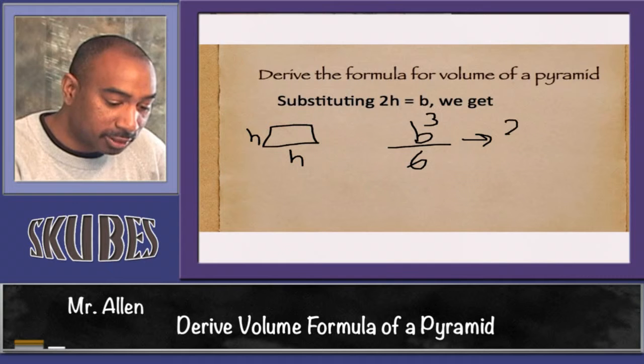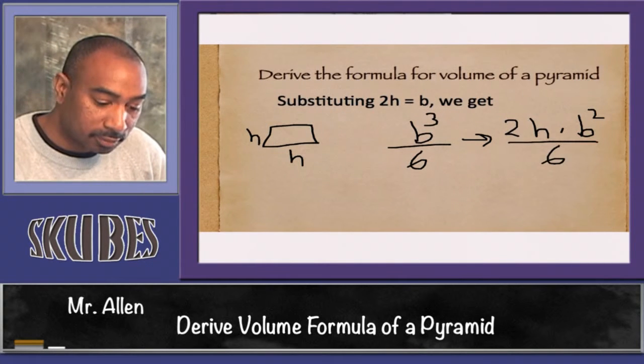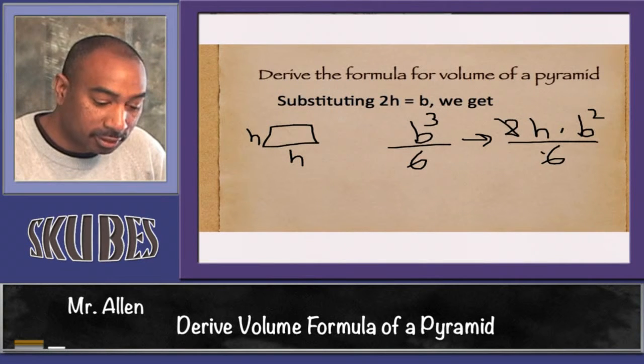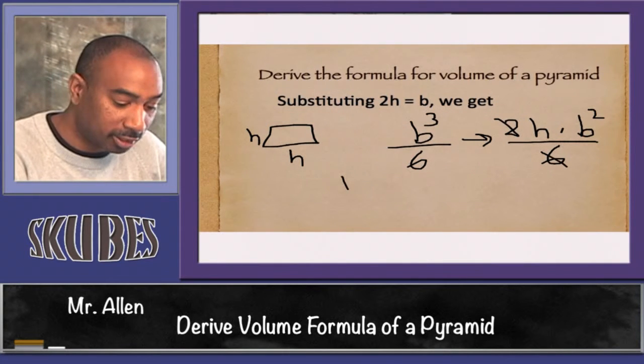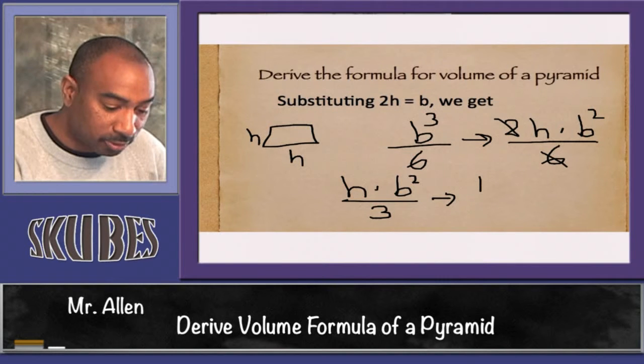I can say 2 times H times B squared over 6. And if we simplify this, 2 divides into 6 3 times. So you get H times B squared over 3, which is the same thing as 1/3 times B squared times H.